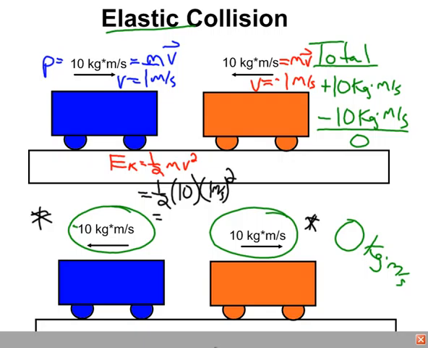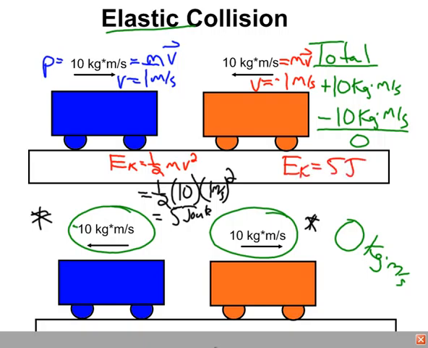So that means the total kinetic energy of the blue object before the collision is 5 joules. Since the red object has the same mass and the same velocity, it also has a total kinetic energy of 5 joules.